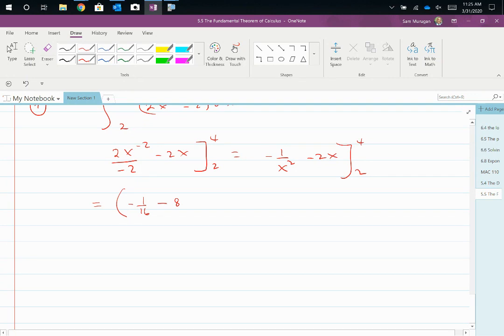Okay, then minus negative 1 over 4 minus 4. So this is negative 1 over 16 plus 1/4 minus 8 plus 4, which is negative 1 over 16 plus 1/4 minus 4.